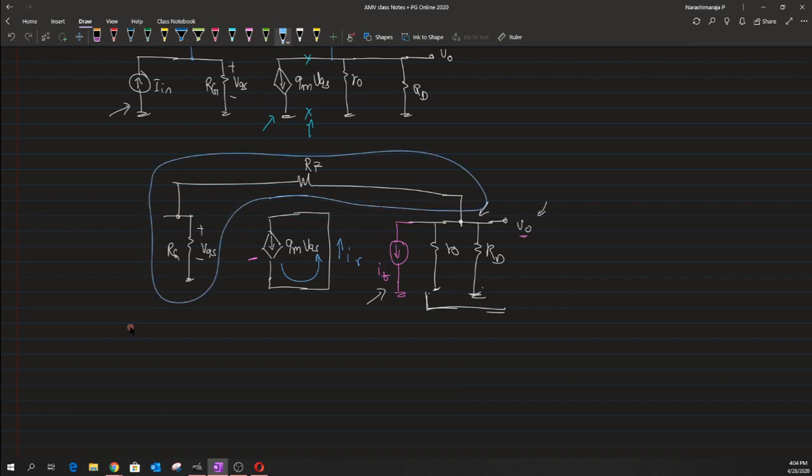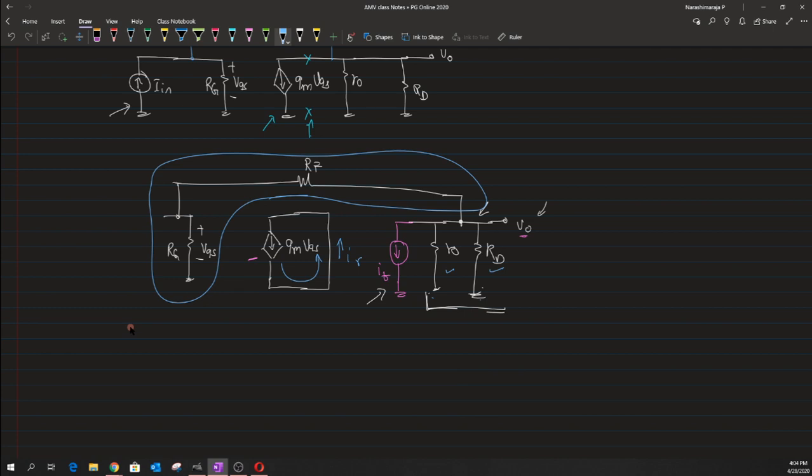So it is not just r naught and Rd that are in parallel, but also this Rf plus Rg appears in parallel to it, and the current IT has to flow across all those three parallel resistors in order to evaluate the parameter V naught.